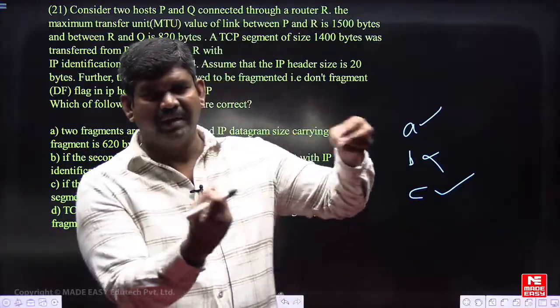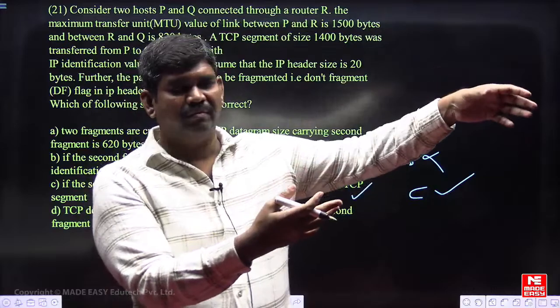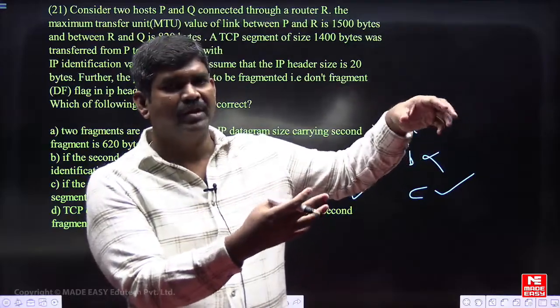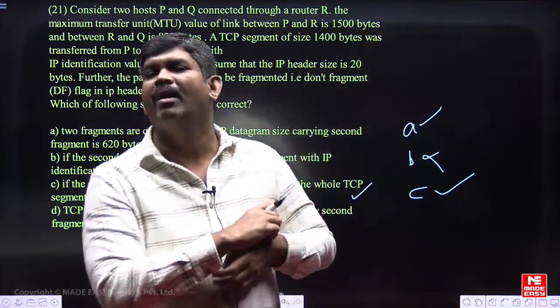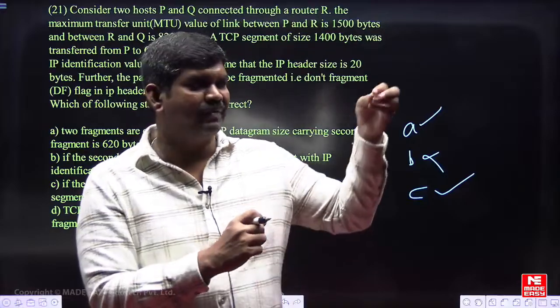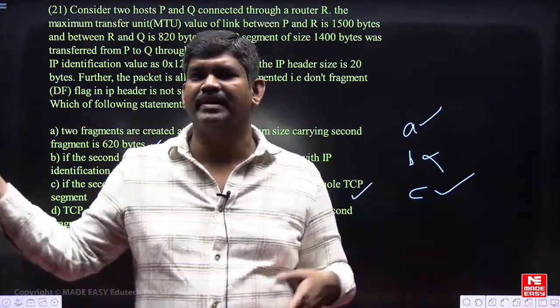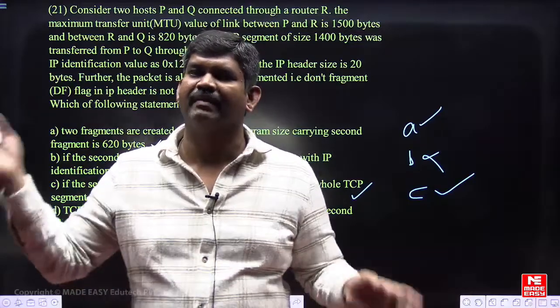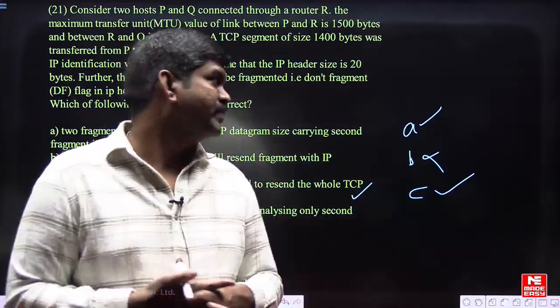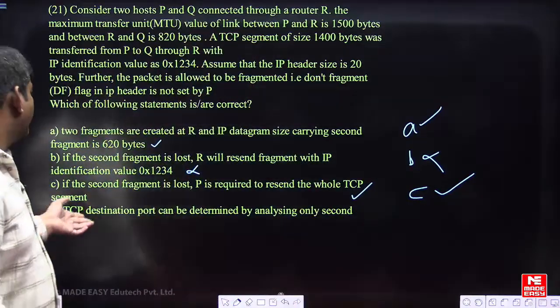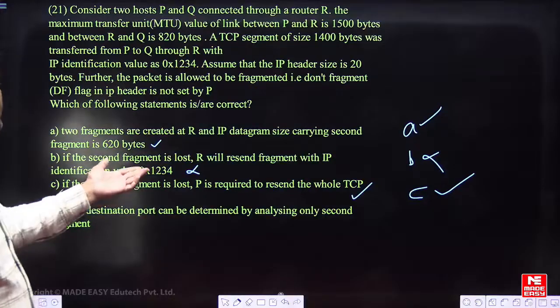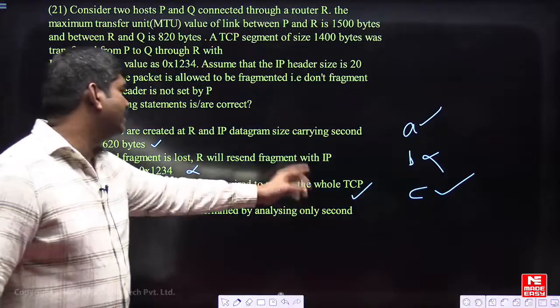When some fragments are lost, at the receiver you can't join all the fragments, and the fragments will be dropped. So, how can the sender send the missing fragment? He will send the complete packet actually. That is what they are mentioning: the second fragment is lost, P is required to resend the whole segment.